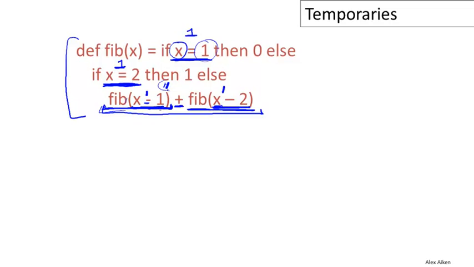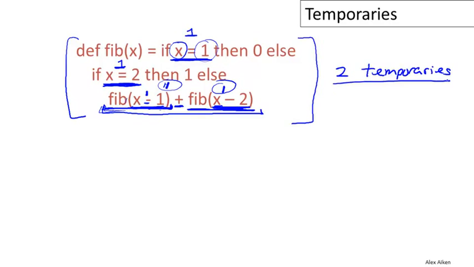So in fact, we need both of these temporaries at the same time, because while we're evaluating this argument to the second call of fib, we still need to be holding on to the first argument to the plus. And so in fact, this particular function can be evaluated with just two temporaries. It's all the space we need to compute the value of this function body.